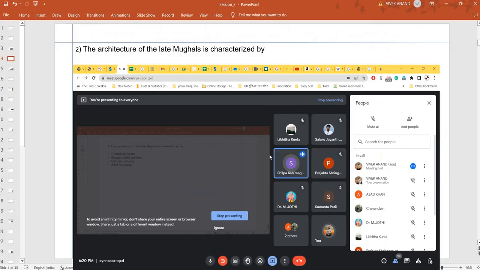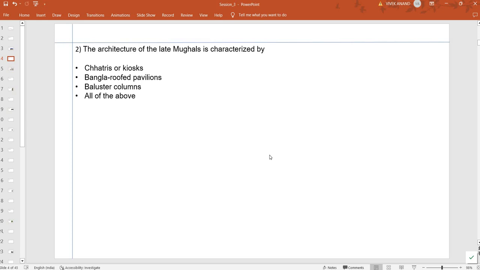No, I am asking for one example. Maybe the structures at Fatehpur Sikri, yeah, they have chhatris. What is the most prominent building of the Mughal era which has chhatris?